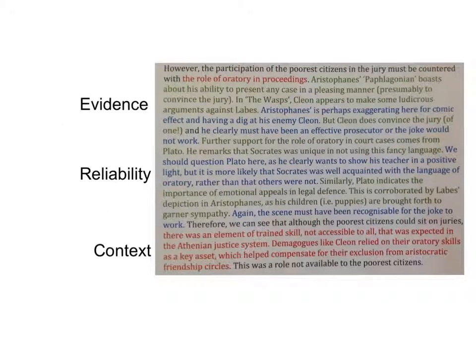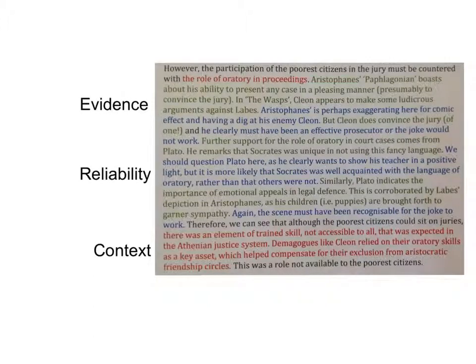Just to show you that I did the same in the second passage, okay, again I've got my context in red, okay, I've already initially showed them I know about the role of oratory in proceedings. I also know how the demagogues relied on these because of their lack of friendship circles, aristocratic friendship circles that is, and therefore that they required developing these, and that the Athenian justice system relied on these trained skills.